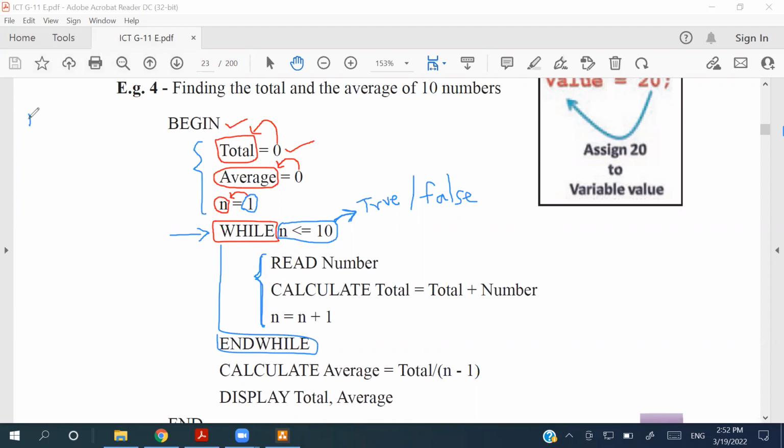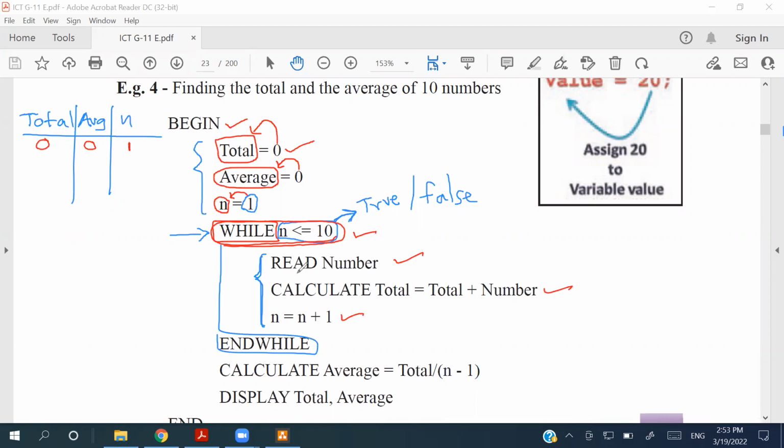There is a variable called total at the beginning, and average, and n. The value of total is 0 initially, the value of average is 0 initially, and the value of n is 1. They check whether this condition is true or false. It is true. If it is true, they are about to perform these 3 steps.